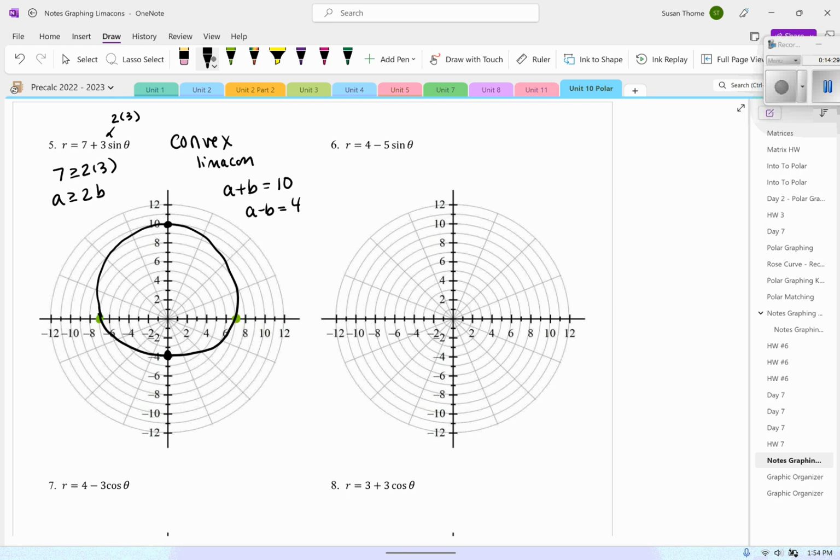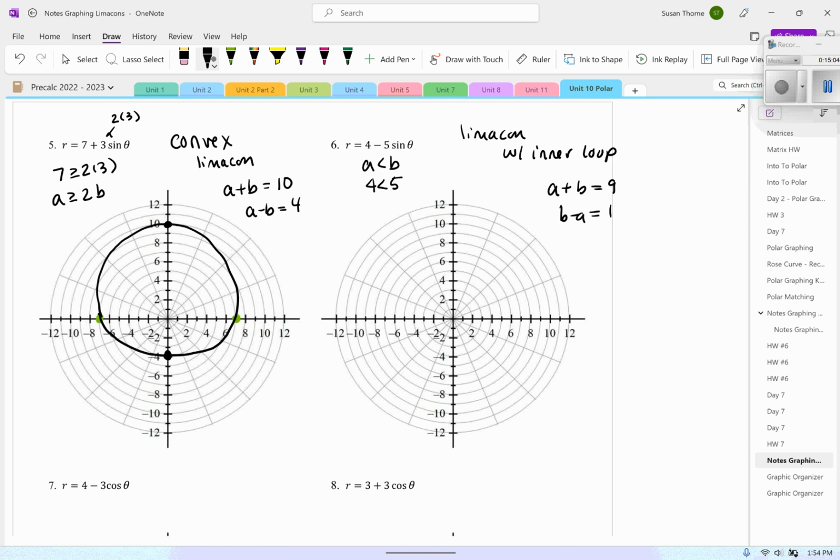The next one, we have our A value less than B, because in this case 4 is less than 5. Again, you're always looking at absolute value. So this is a limacon with an inner loop. For this one, we have A plus B equals 9, again ignoring the sign, and B minus A, sorry, is equal to 1.